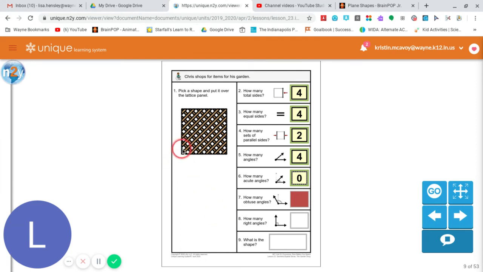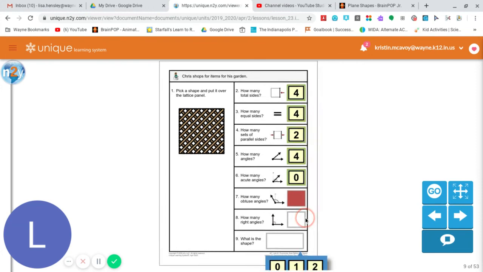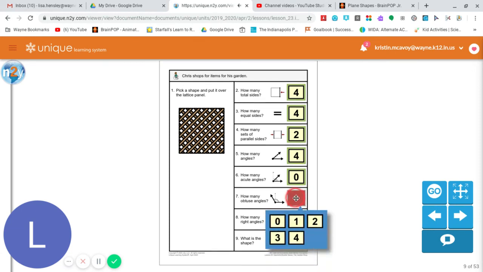They just make that perfect little square in the corner. So there are, how many of those? 1, 2, 3, 4. Since there are 4 of those, there could be no obtuse angles and no acute angles.